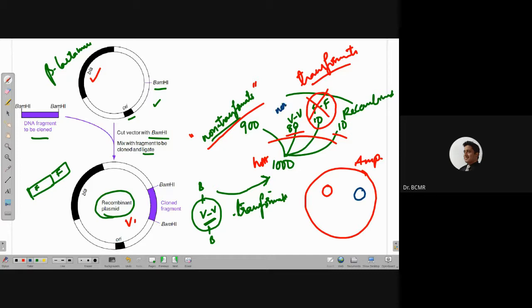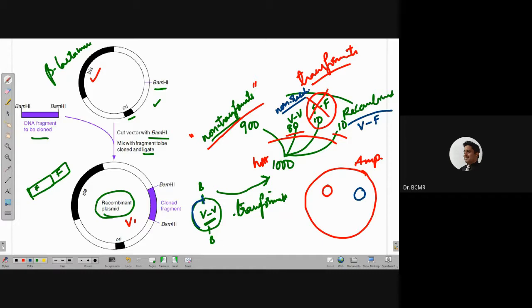These are non-recombinants because what was vector has just religated. There is no recombination there. Typically, you can call them non-recombinants. And the ones that we are looking for are the recombinants, which will have vector plus a fragment.